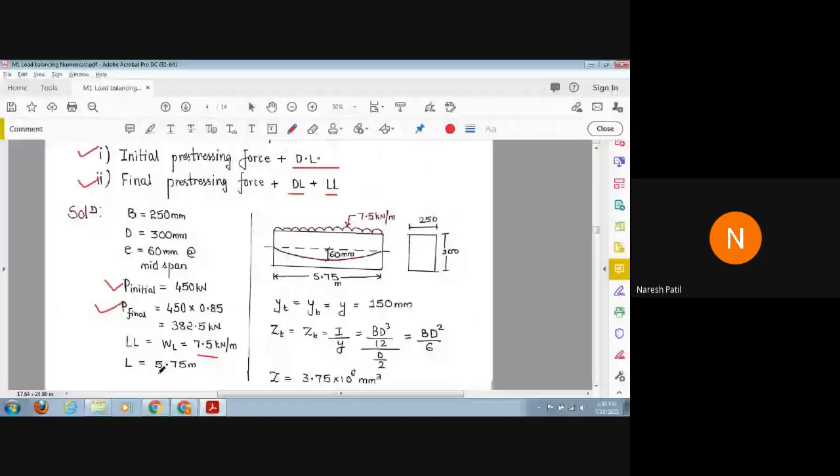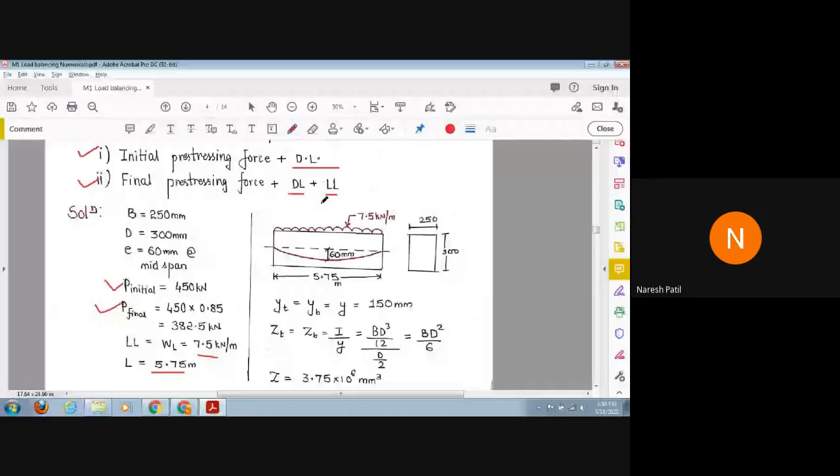Now this is very important. You first have to draw the diagram with the given data. They have given the eccentricity at midspan as 60 and at the support as 0. So you have to understand the cable profile is parabolic, though it is not mentioned in the question.